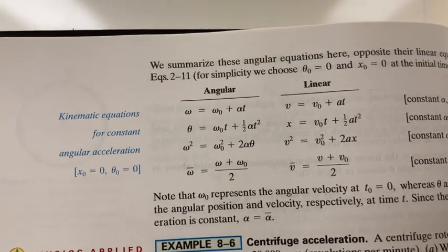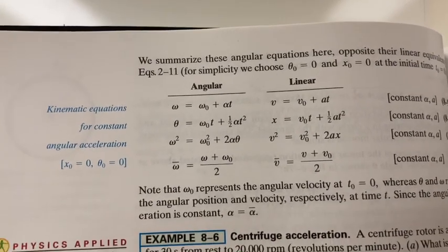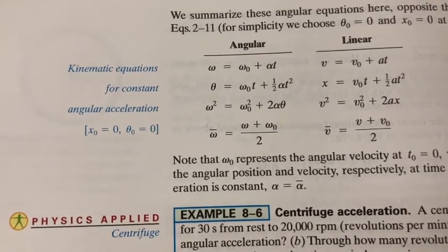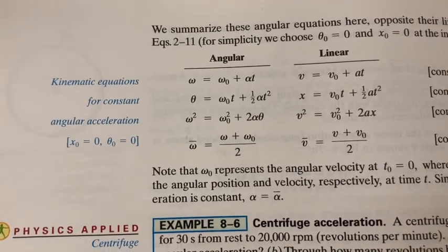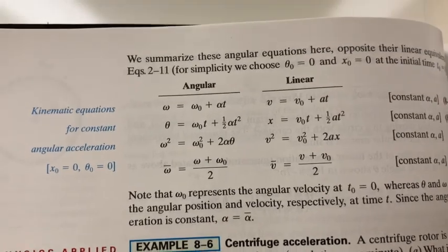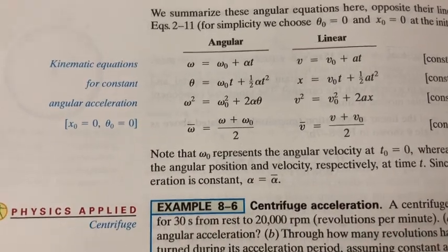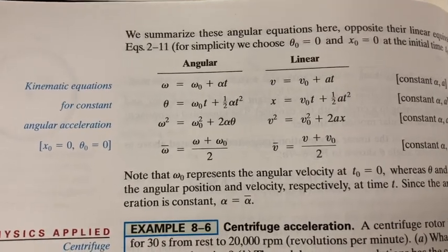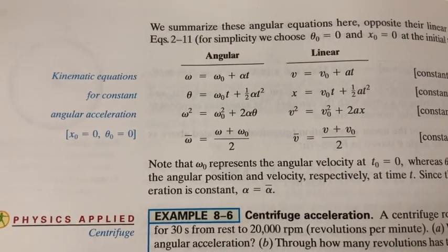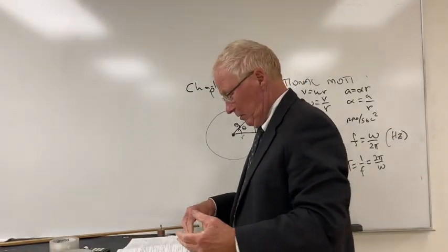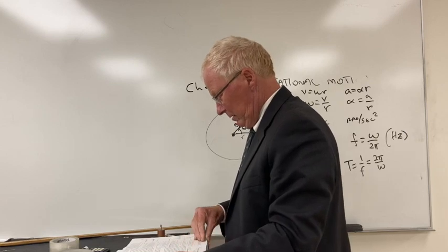On the left are in terms of angular motion, and they're exactly the same, except we replace x with theta, v with omega, and a with alpha. So they're exactly the same kind of concepts.